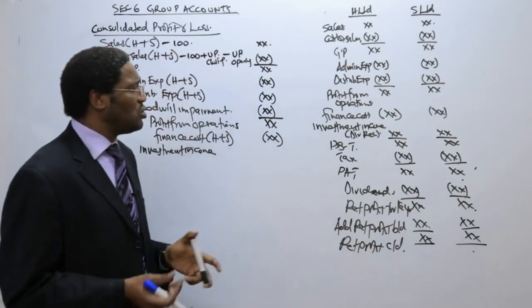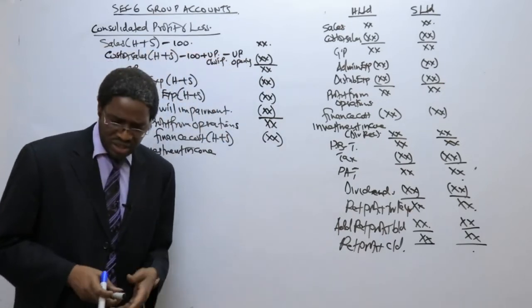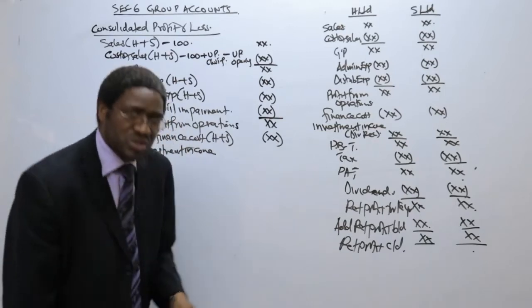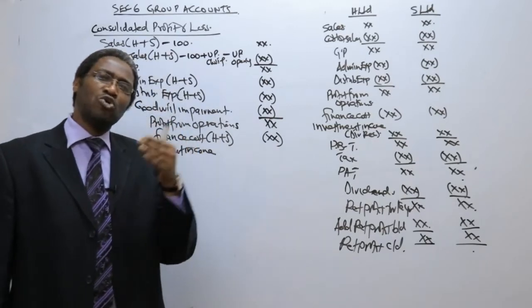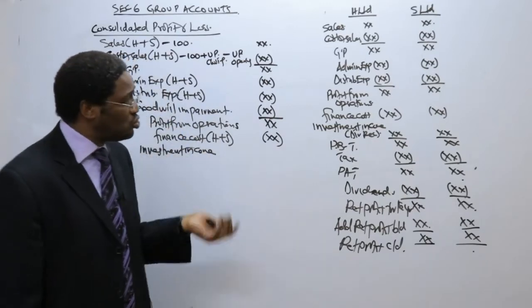So we were arguing and saying, how then do you determine what was the investment income that the group received from outside? I do hope you remember.